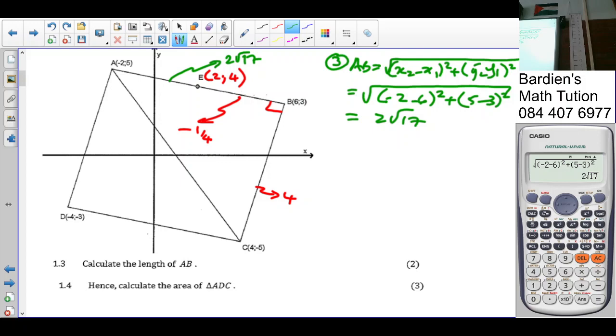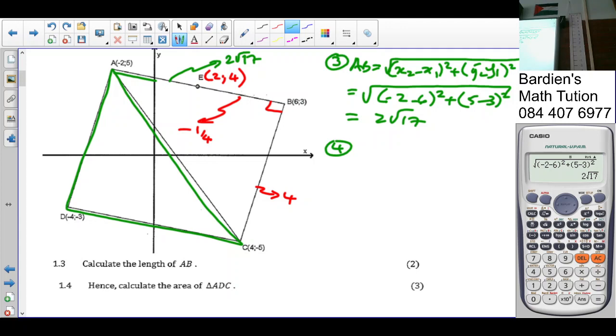Then in 1.4 the question says, hence. What does hence mean? Use the previous answer. Calculate the area of triangle ADC. So it's ADC. How do you calculate the area of a triangle?